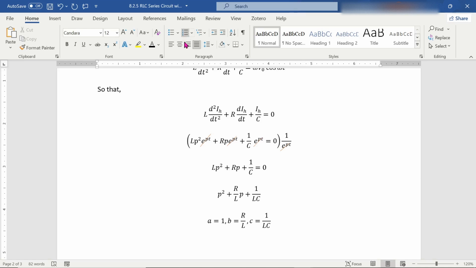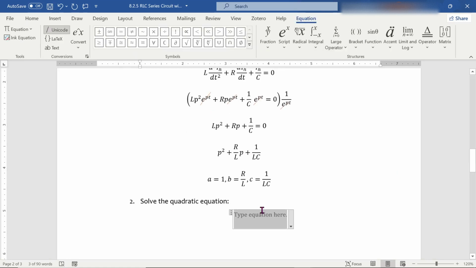The next step is actually to solve the quadratic equation. To do that, we use the quadratic formula.